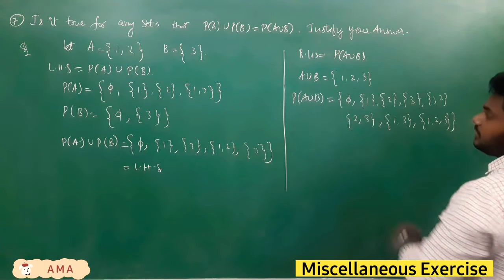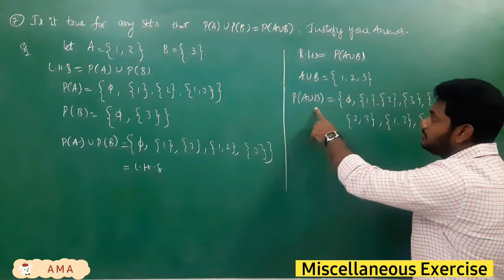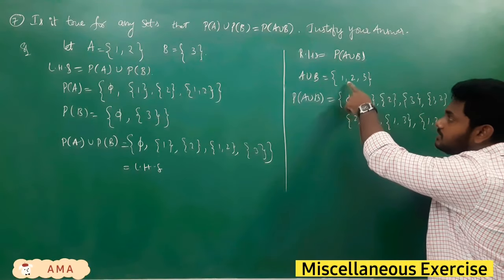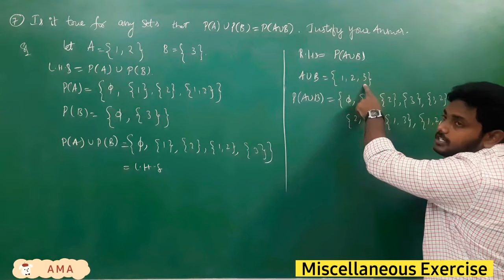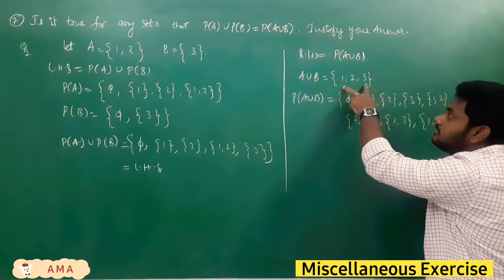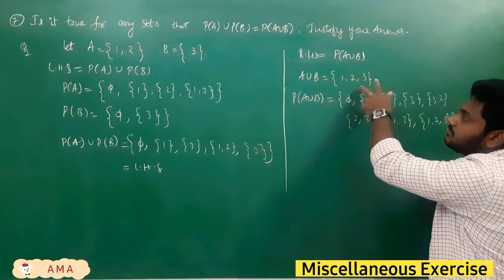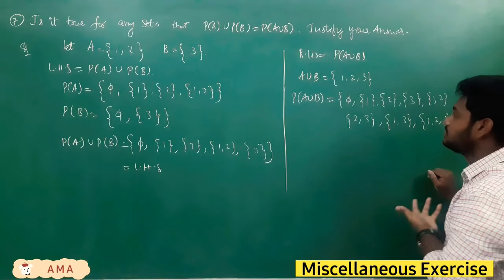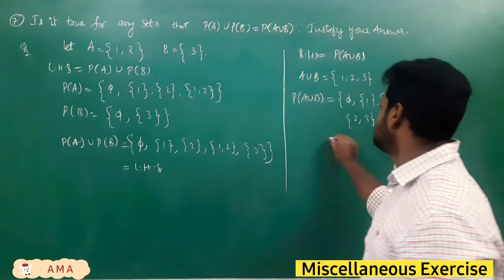All the possible cases we need to write. This is P of A union B, which is equal to RHS.